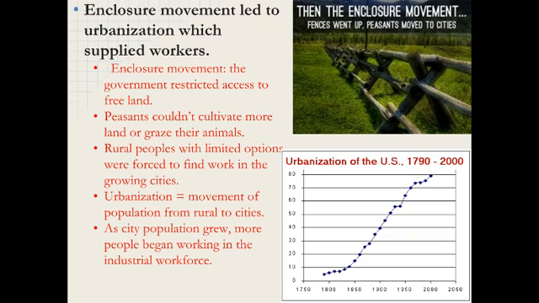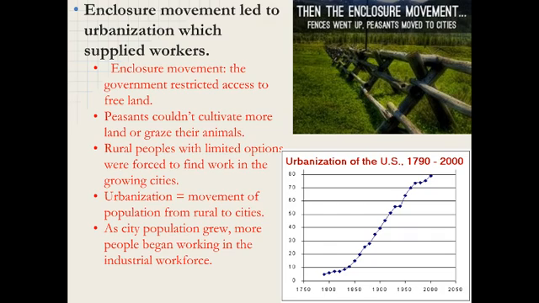By closing off land, if you were a super poor peasant who relied on that land to grow your crops or graze your animals, now that land isn't there anymore. It's private property, right? Fences go up, peasants have to leave.